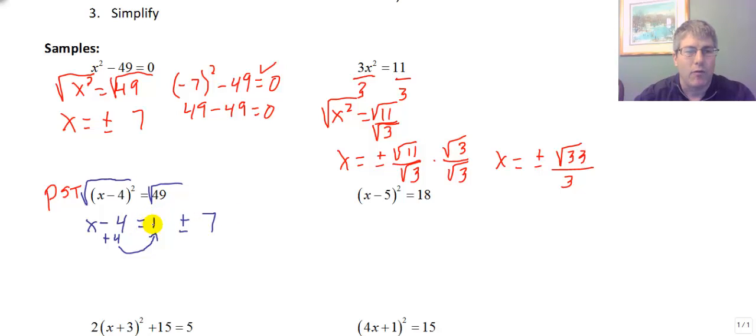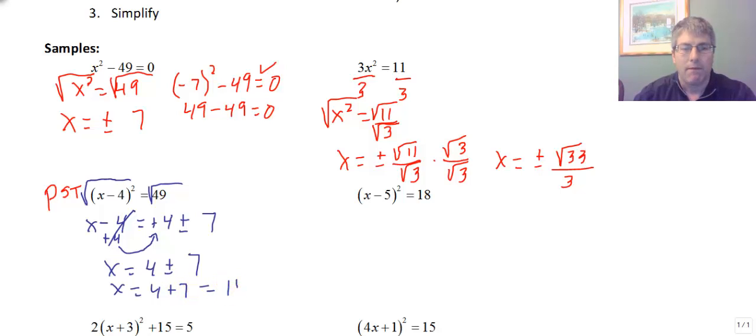So if we add 4 to both sides, we get x equals 4 plus or minus 7. Now in this situation, I'm going to want to know what that is. So we really get two answers for x. We get 4 plus 7, which is 11, and we get x equals 4 minus 7.